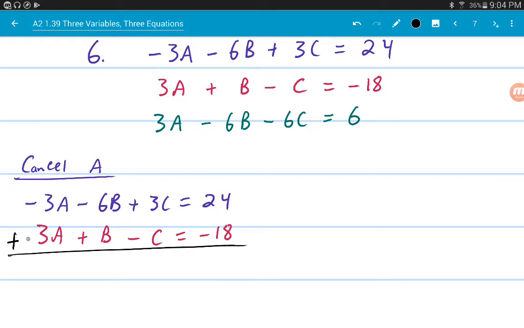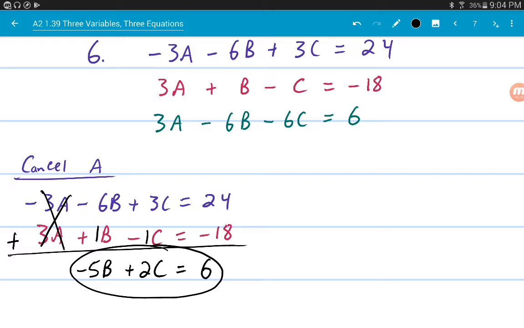I'm going to add those together because negative 3a and positive 3a will cancel out. And I just have to combine the terms that are left. Negative 6b plus 1b is going to be negative 5b. 3c plus negative 1c is 2c. 24 plus negative 18 is going to be 6.